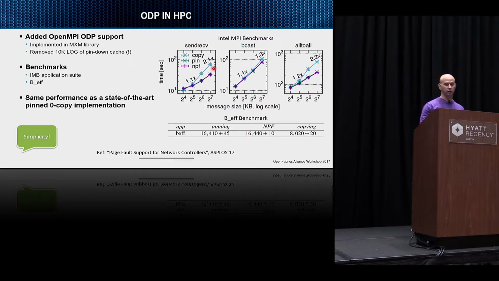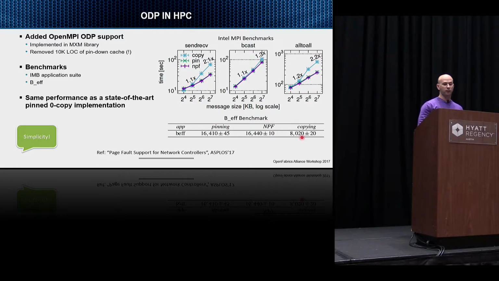And interestingly, the page fault implementation and pinning, their lines completely coincide for all these benchmarks, and the same results go through all message sizes and other benchmarks and MPI primitives of the Intel MPI suite.